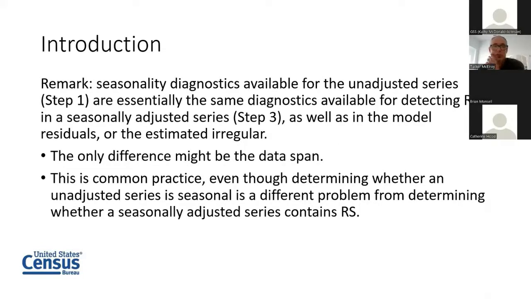So we typically use the same diagnostics, the same mathematical tools, for both unadjusted series in step 1 and for adjusted series in step 3, even though the time series before and after have different statistical properties.